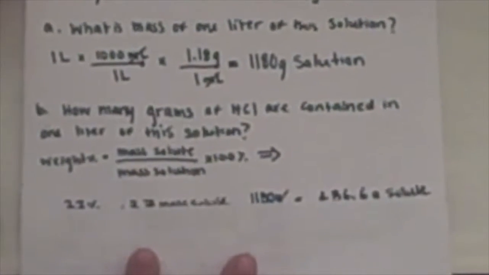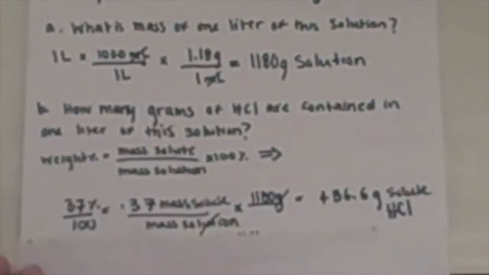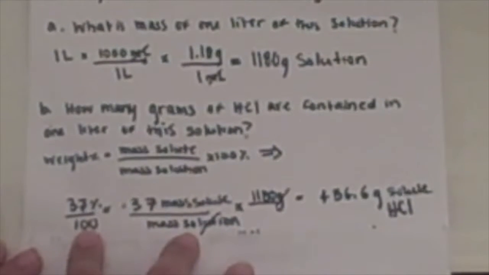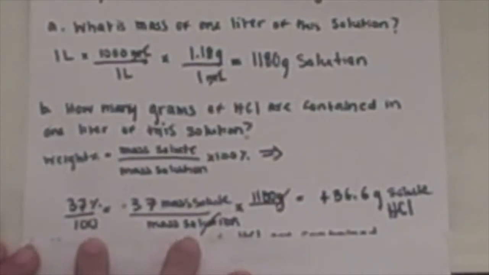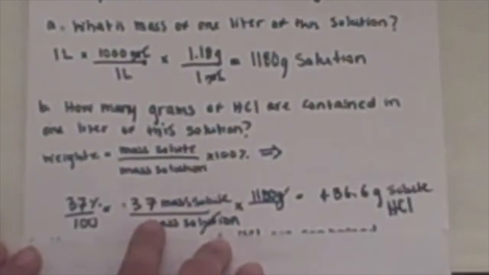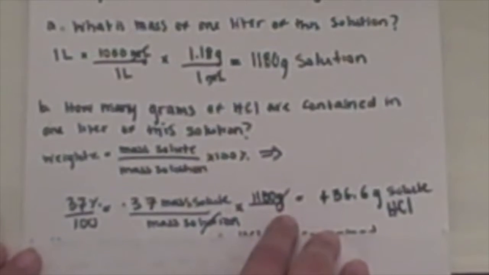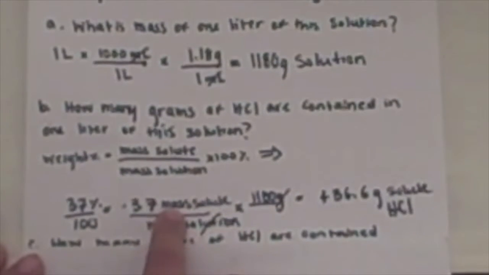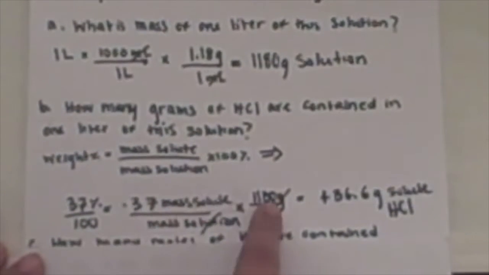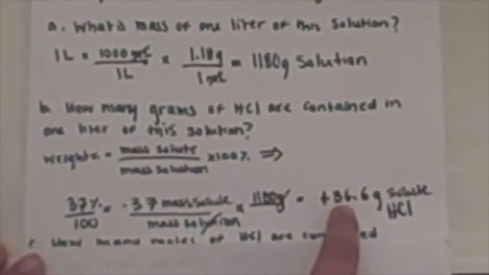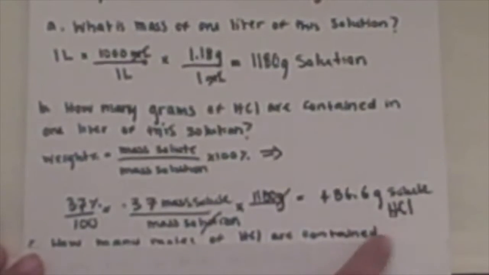We're going to start with the weight percent of HCl that was given in the problem, which was 37%. We're going to divide it by 100 to get a mass fraction. Now that we have 0.37, that means we have mass of solute over mass of solution. When we multiply by the mass of solution, it cancels out, leaving us with mass of solute. Once all of this is calculated, we are left with 436.6 grams of HCl.